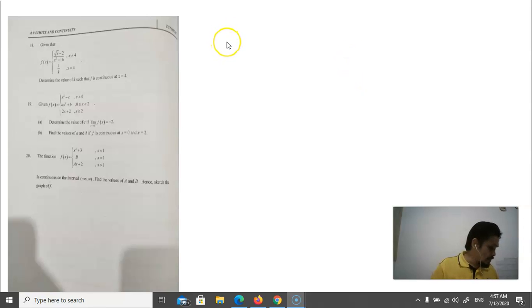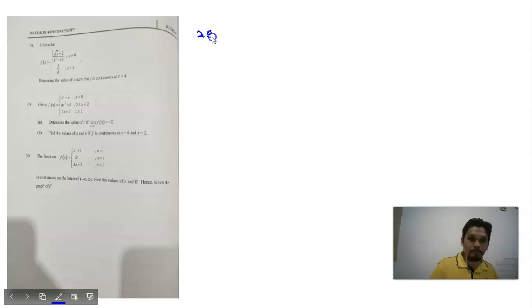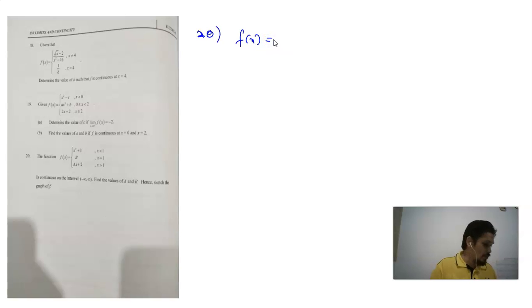Question number 20. Question 20: the function f(x) equals x squared plus 3 for x less than 1, b for x equal to 1, then ax plus 2 for x greater than 1.